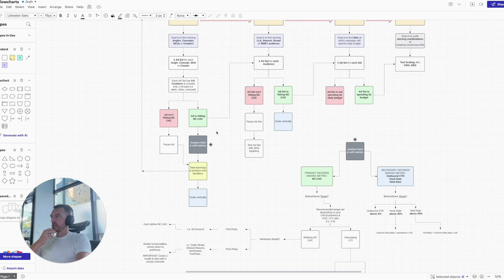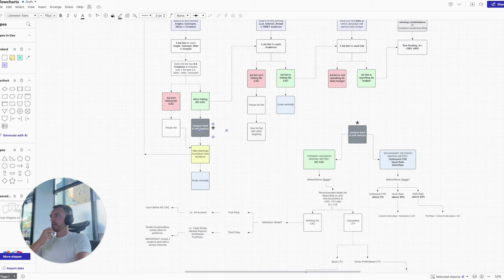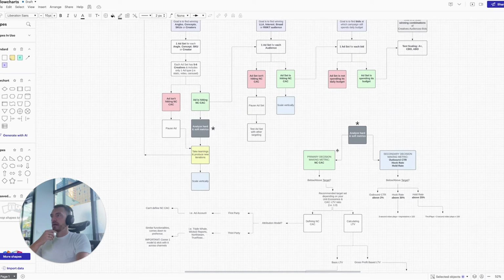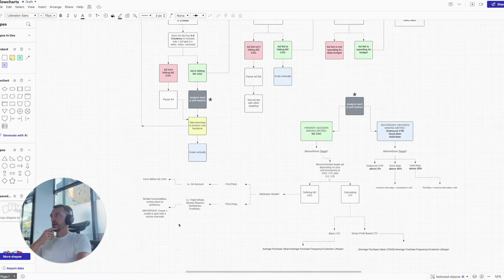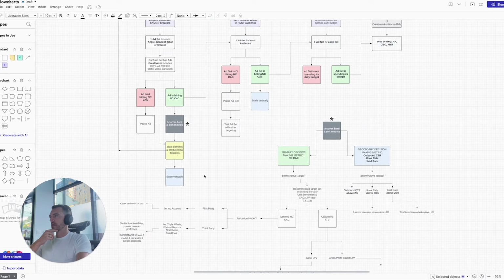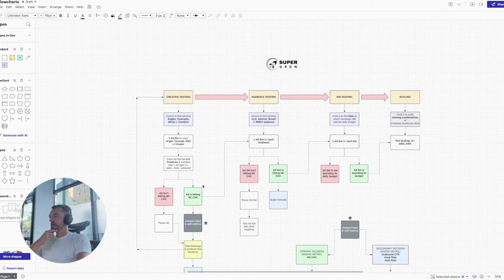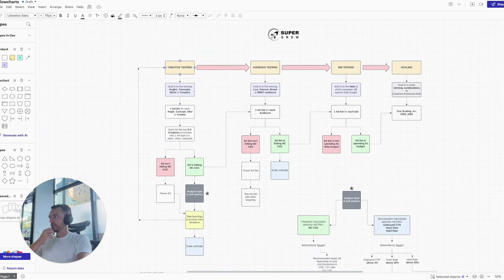If it is hitting the NC-CAC, I would analyze soft and hard metrics, and this will be a small section on analyzing hard and soft metrics.